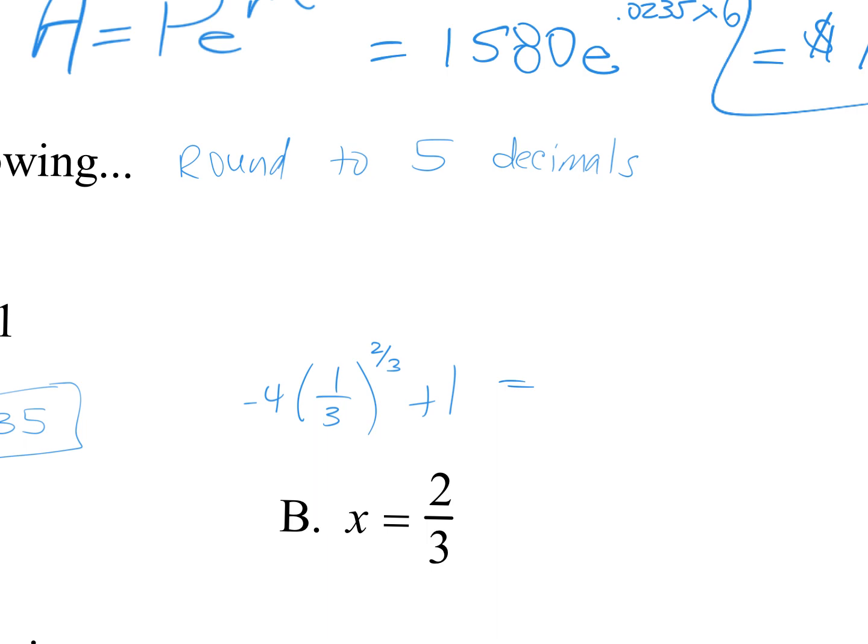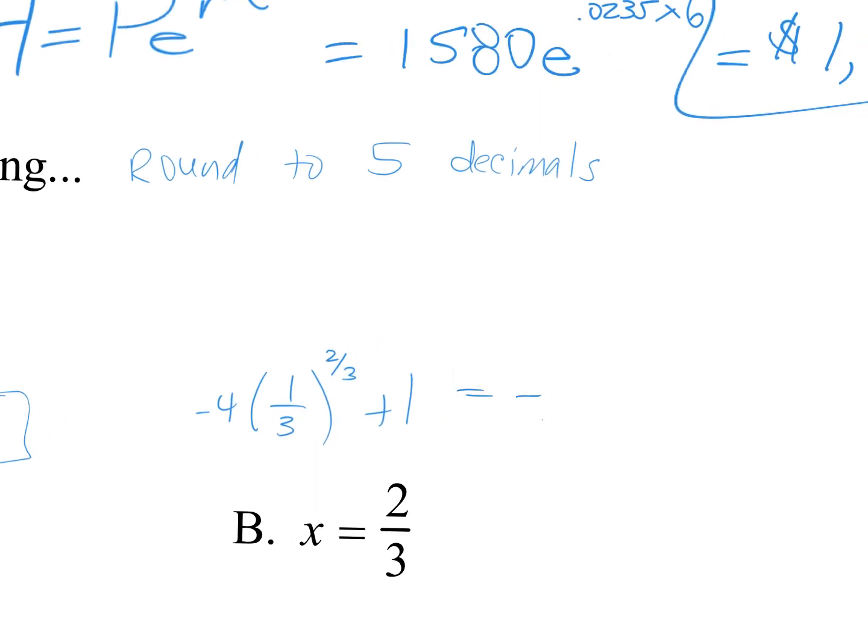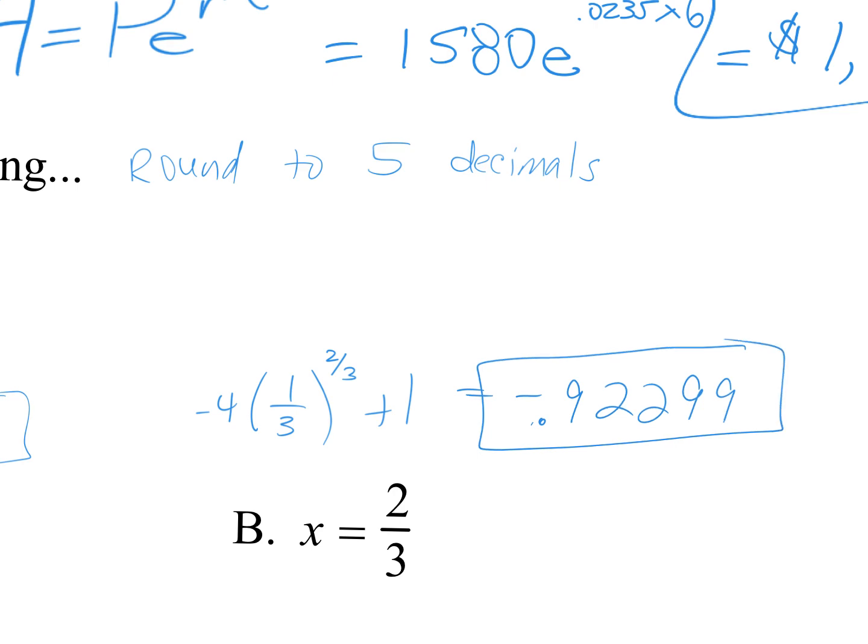Just put it in parentheses. And then plus 1. Give you 5 decimal places. It's -0.92299. That 299 would actually round up to 300, but don't worry about that right this second. That's close enough.